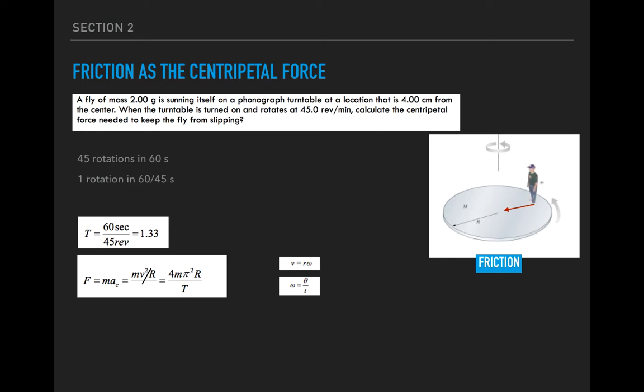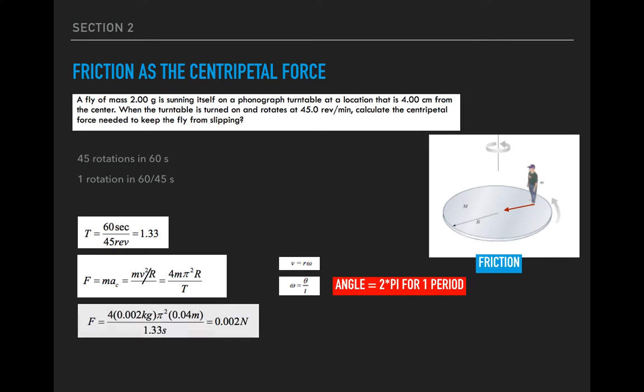For one full revolution, the t would be the periodic time, capital T, and the theta would be 2 pi radians. So when you take w is equal to 2 pi over big T, sub it into v is equal to rw, and then sub v squared into F is equal to mv squared over r, you get the formula F is equal to 4 m pi squared r over T squared. Let's fill it in, and we get 0.002 newtons.